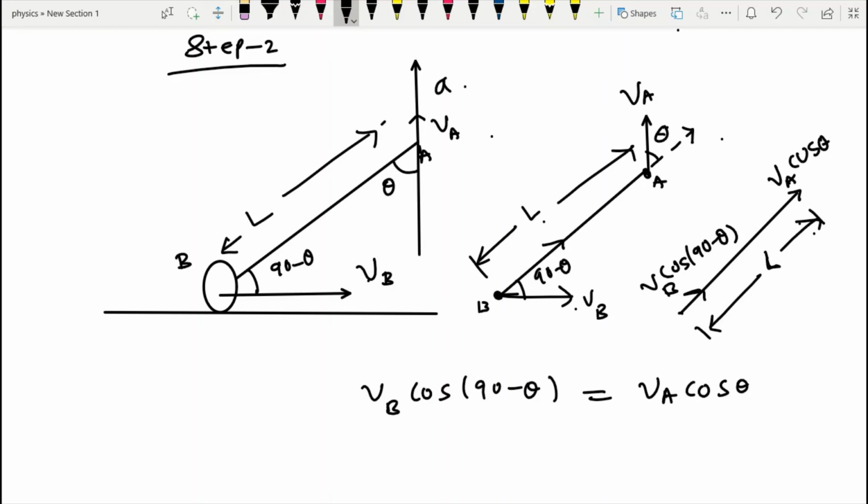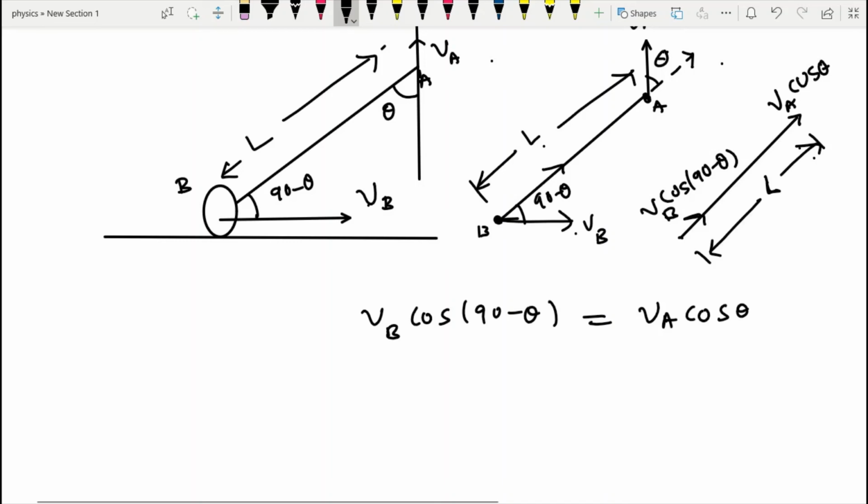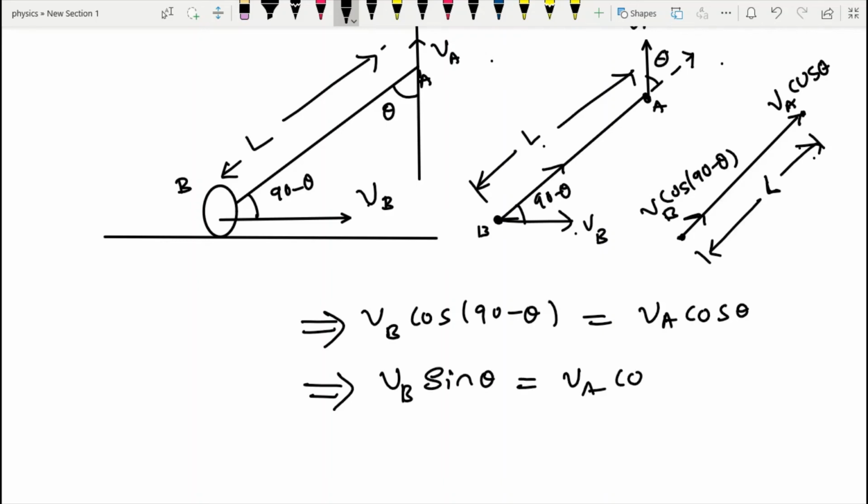That point is very important, because these two endpoints are moving, but the relative motion between the two endpoints is always 0. So the relative velocity is 0. So we are getting this relation: VB cos(90 minus theta), which is sin theta, is equal to VA cos theta, and VB will be VA cot theta.